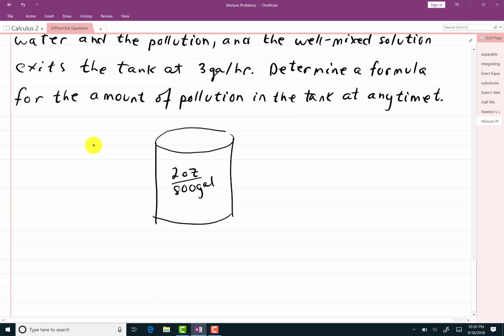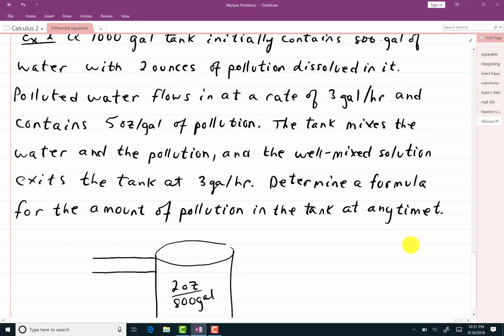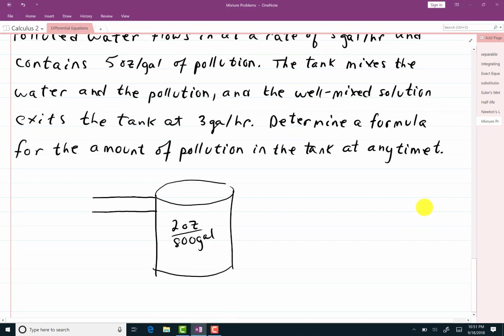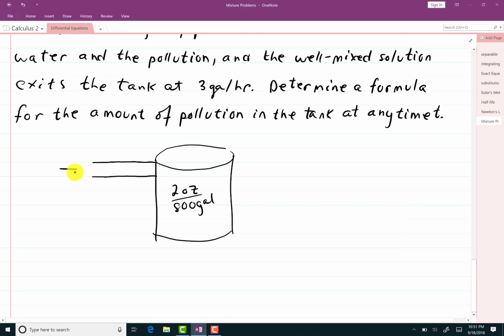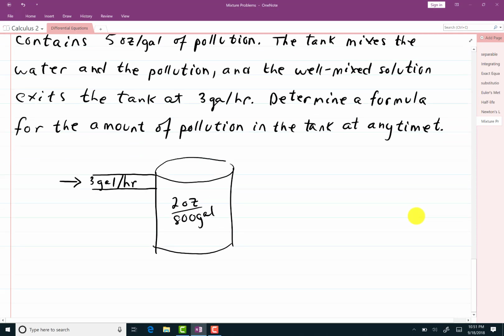Now, into this flows polluted water. It goes in at 3 gallons per hour, and it has a concentration of 5 ounces per gallon.